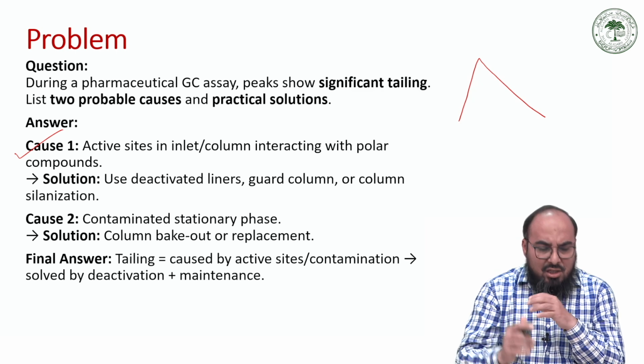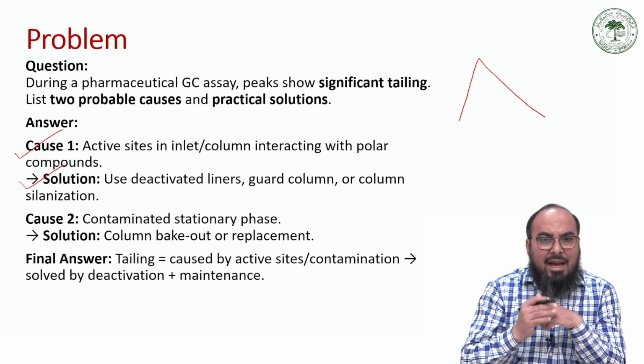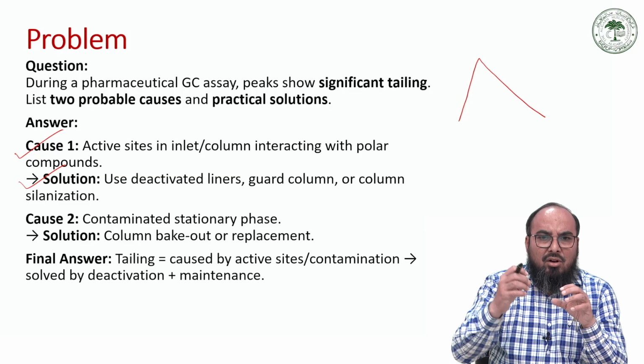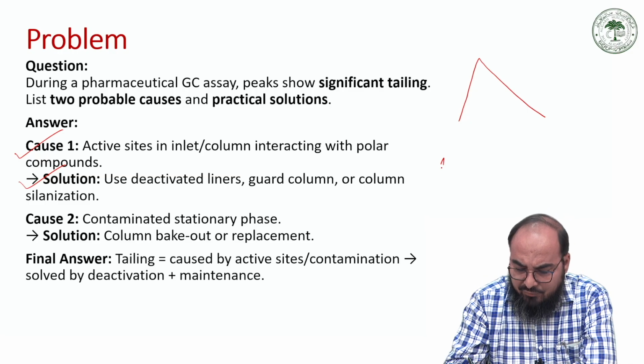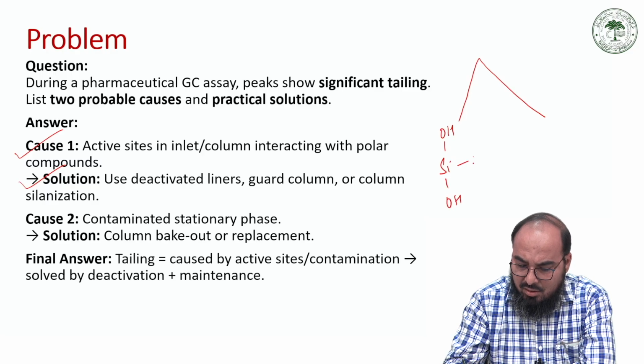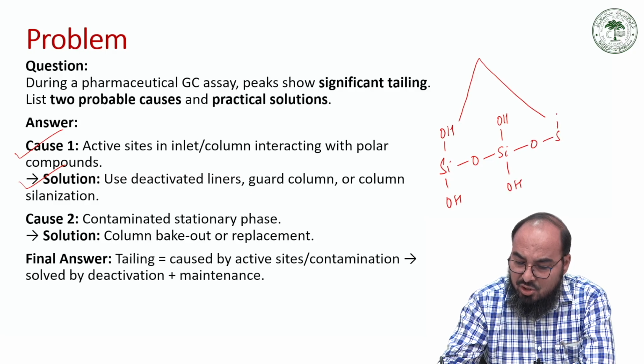The solution is to deactivate your liners or the guard column, or to do certain silanization. You have to use certain silanol compounds. For example, this silanol is very polar because of the presence of OH groups.